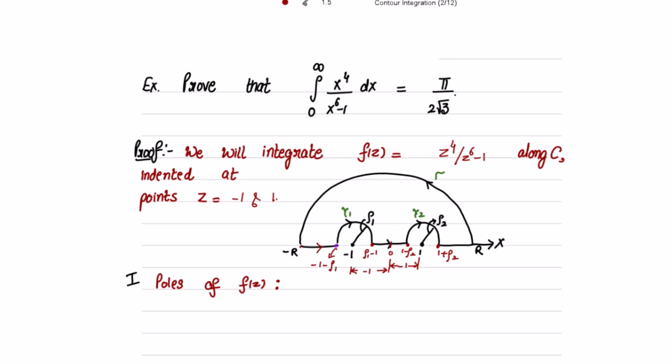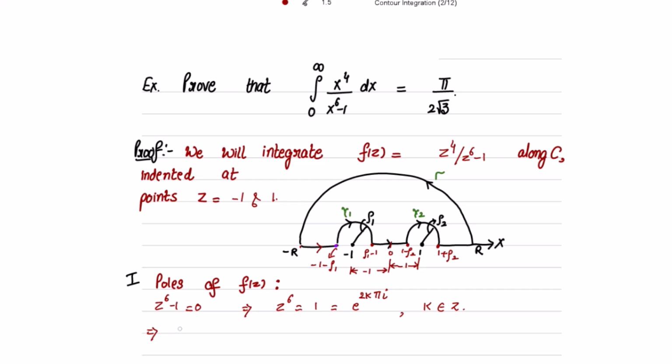So now the first step is to find the poles of the function. To find the poles of the function, we just take the denominator equal to 0, so z to the power 6 is equal to 1. And I know that this 1 can be written as e to the power 2k pi iota, using Euler's formula, where k is an integer.